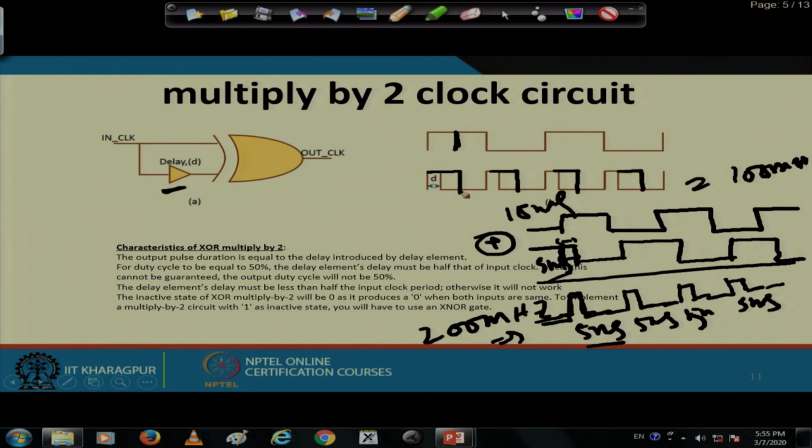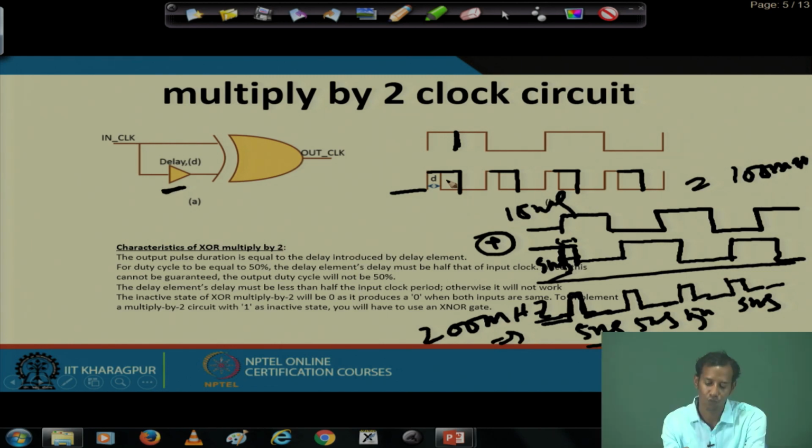Then I will get one clock which has a 50% duty cycle but double the frequency. So, this kind of circuit we can use to multiply by 2.